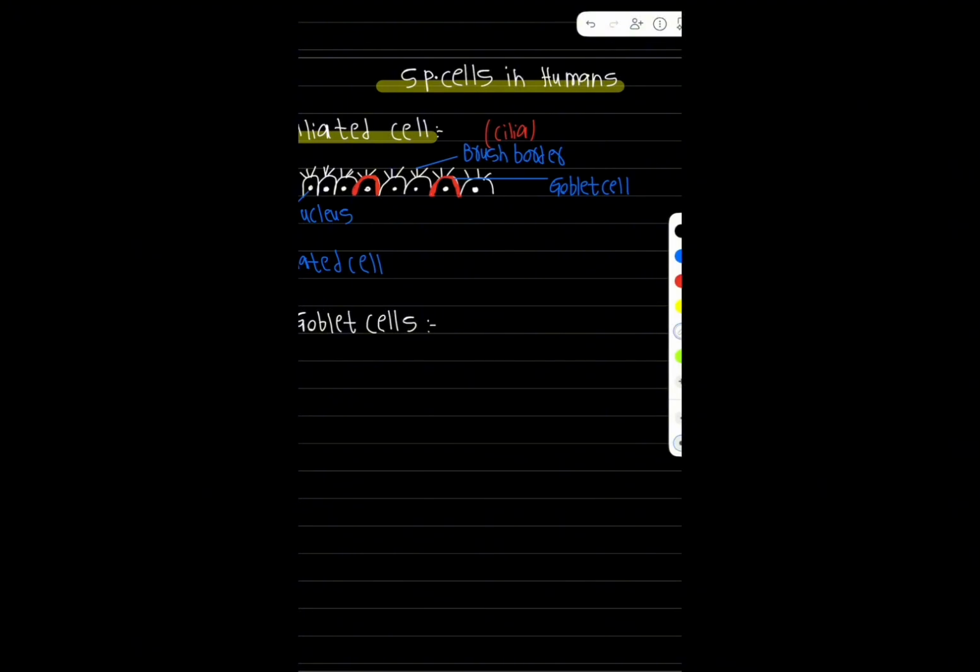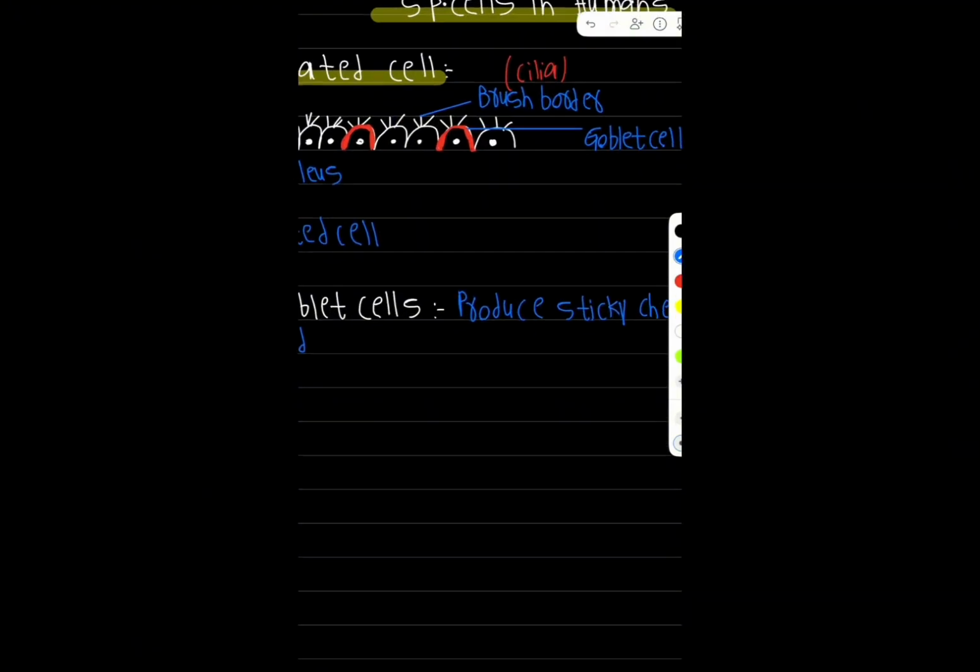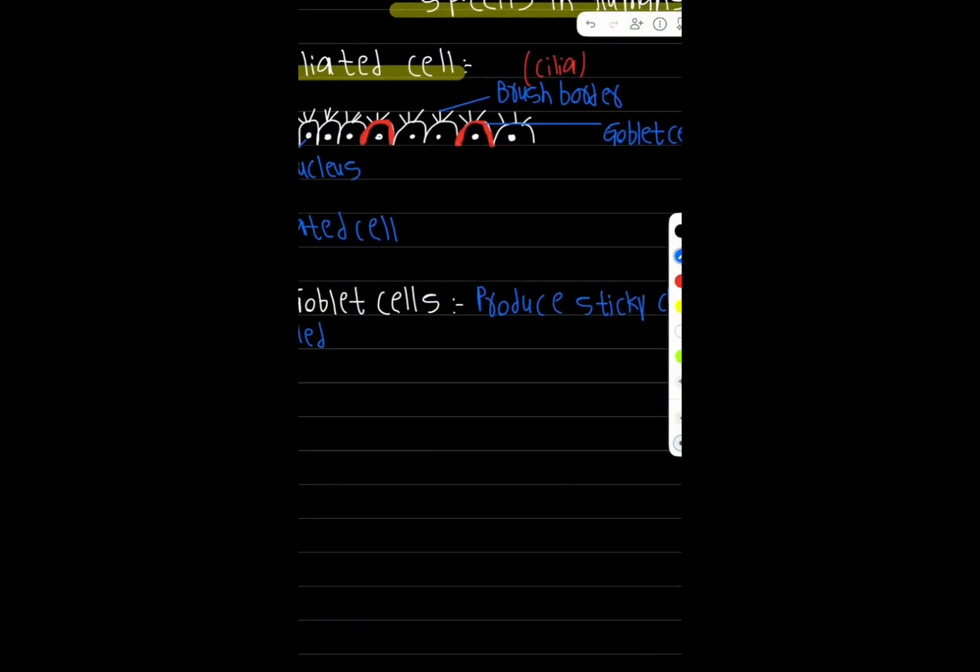Goblet cells produce a sticky chemical called mucus, which traps dust particles from entering in the airway.